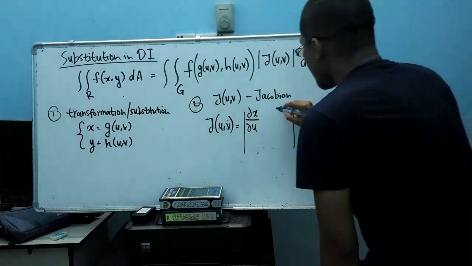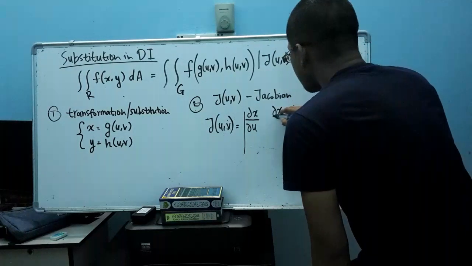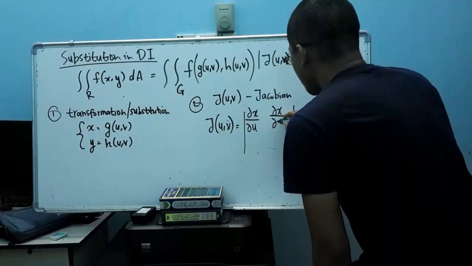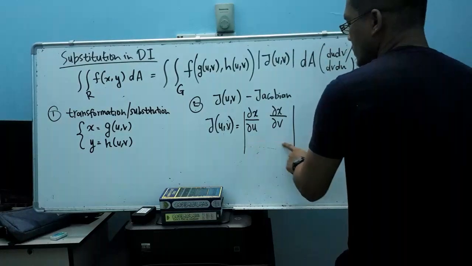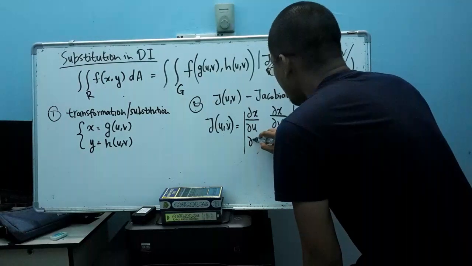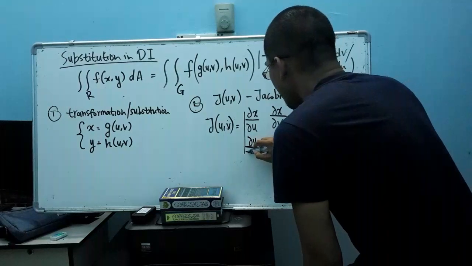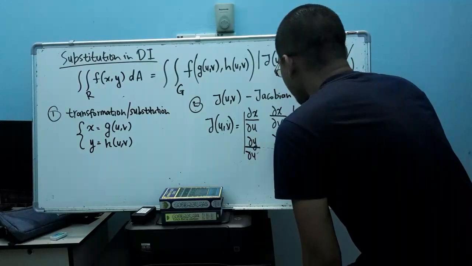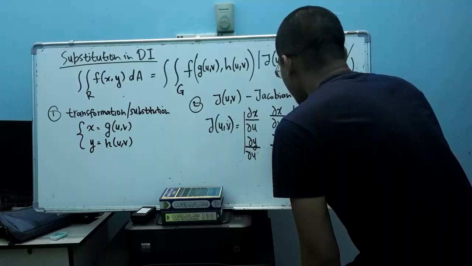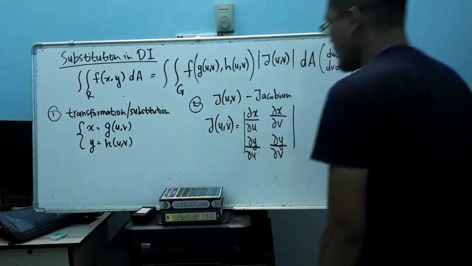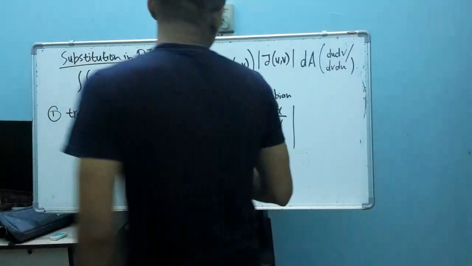The second element is the partial derivative of x with respect to v. Then the partial derivative of y with respect to u, and then the partial derivative of y with respect to v. Of course, this is just a determinant.